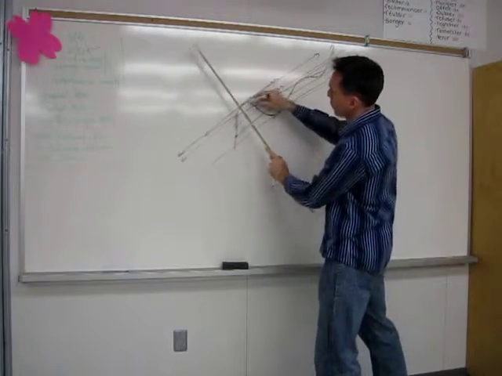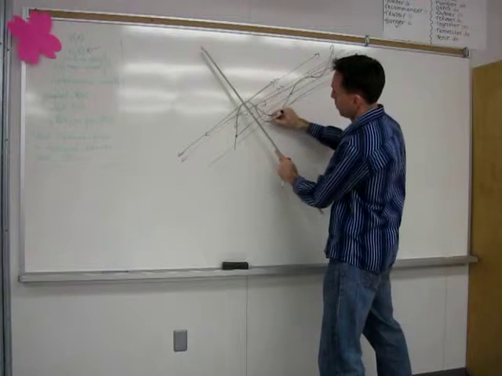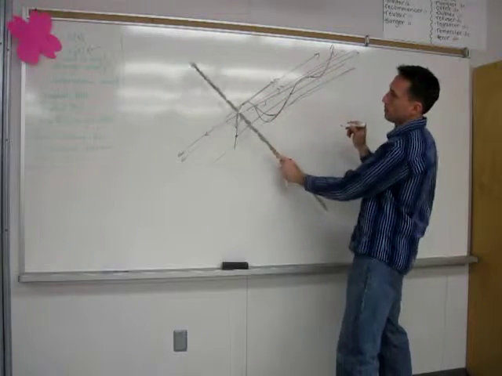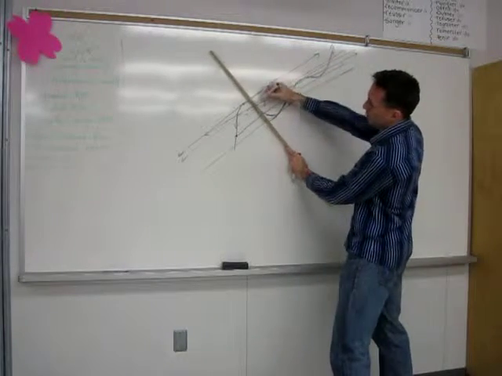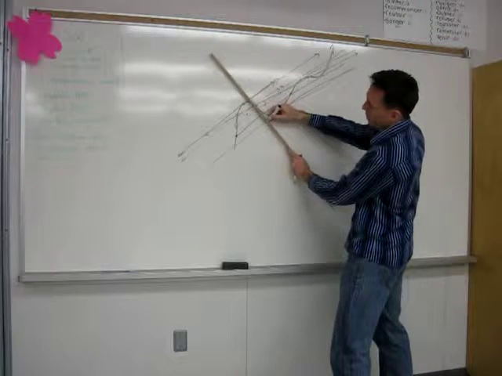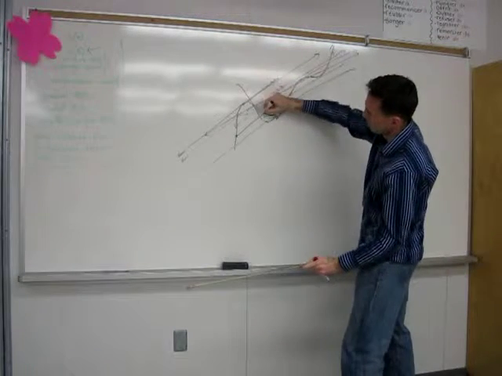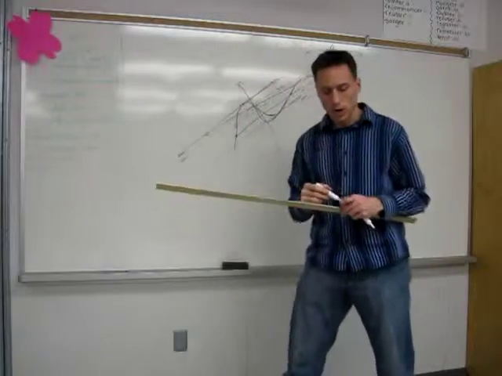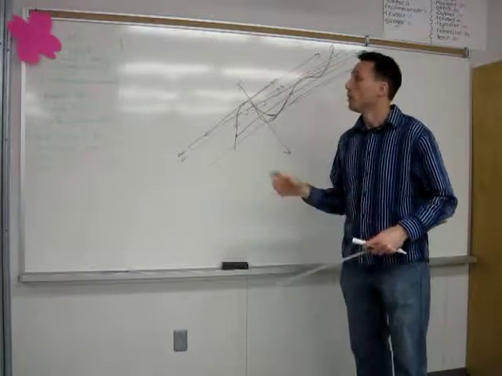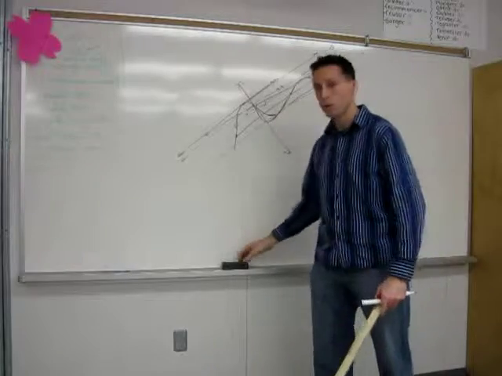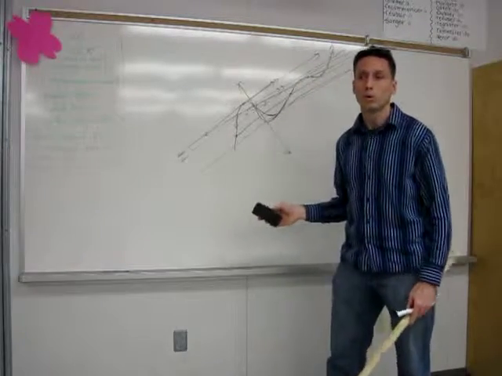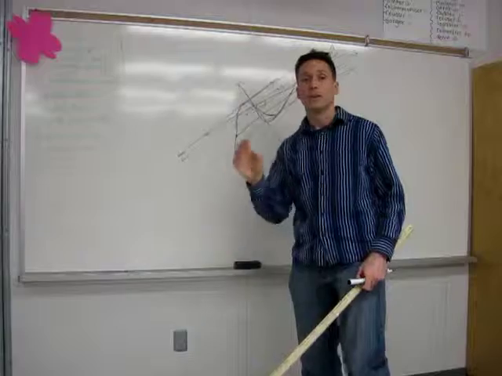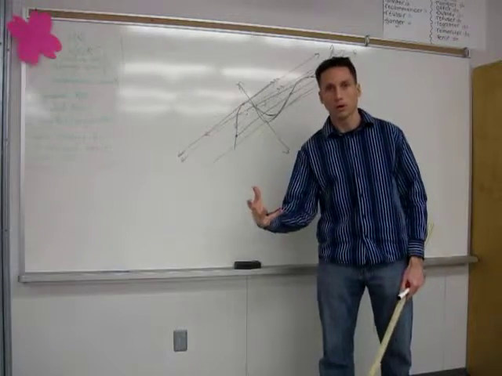But let's say this curve actually came like that. Then I could say, look at here, from here to here, we have a slope that is perpendicular. Now I'm just using my eyes, it's just the concept of it. When we use some math and we have some equations, there will be other ways. We know that if they're perpendicular, then the slopes will be negative reciprocals of each other.